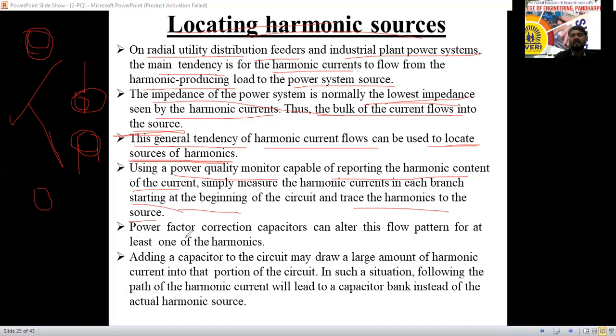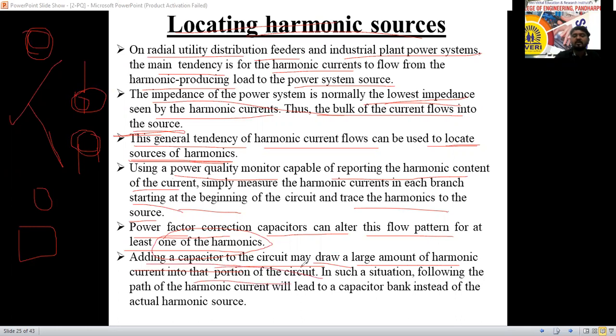Now, the power factor correction capacitors can alter this flow pattern for at least one of the harmonics. By adding power factor correction capacitors, it is going to alter at least one of the harmonics. Adding a capacitor to the circuit may draw a large amount of harmonic current into that portion of the circuit where we connect the capacitor.